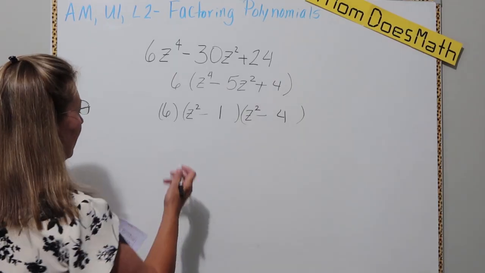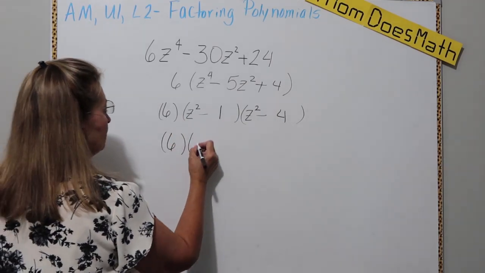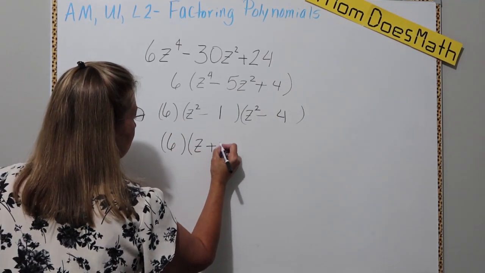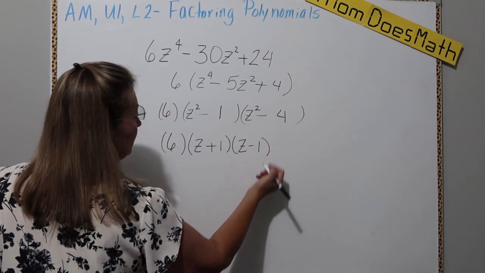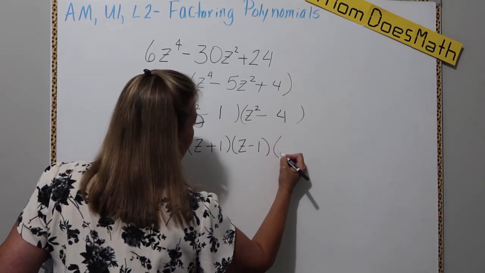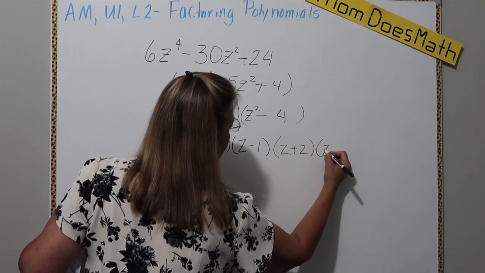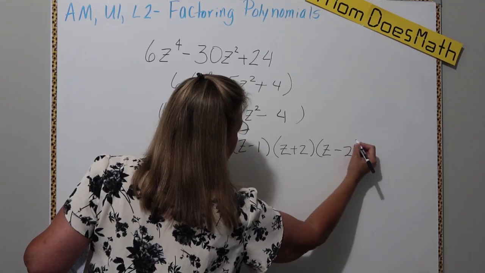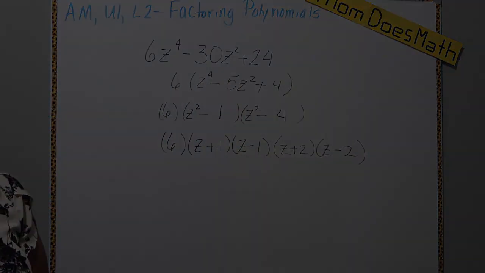So we need to keep factoring. Don't lose that 6. z squared minus 1 factors into z plus 1, z minus 1. z squared minus 4 factors into z plus 2, z minus 2. Okay? And there's your final factored form.